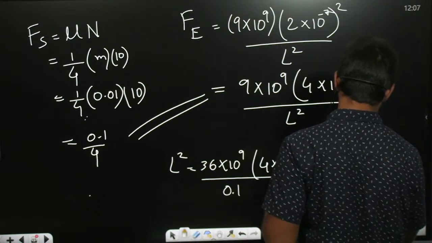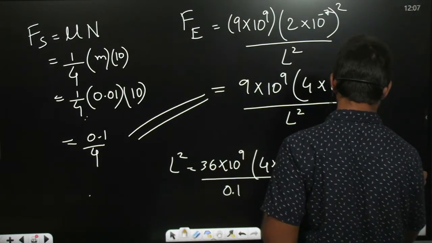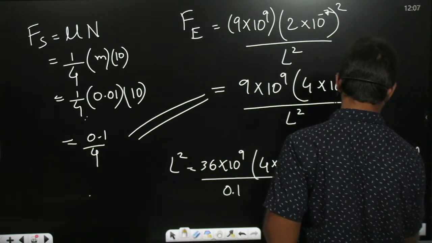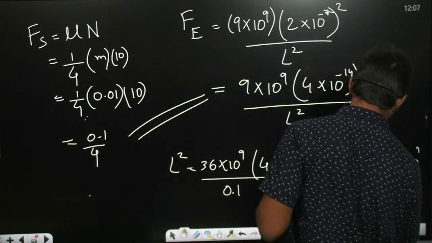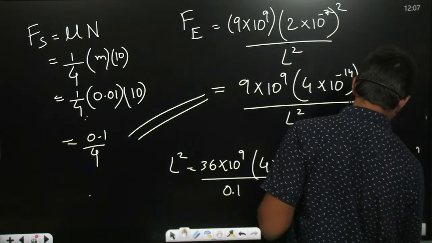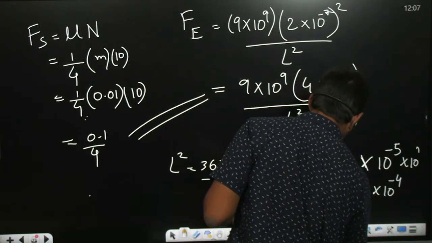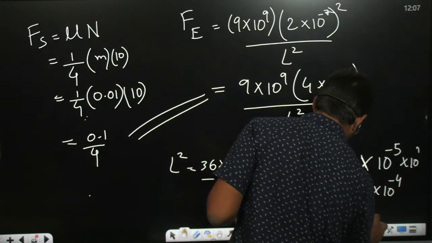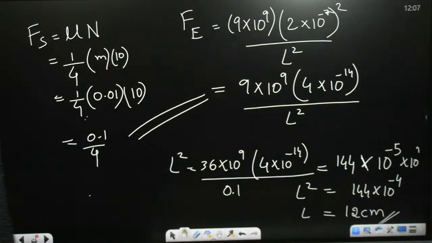So 144 into 10 power minus 4 is L square. L is equal to 12 centimeters, the square root of 144 is 12.